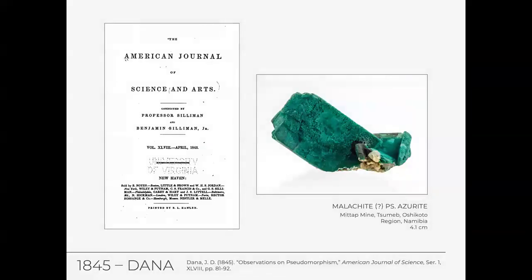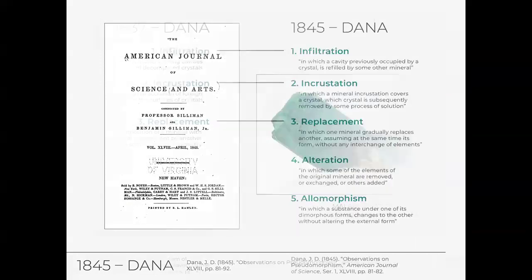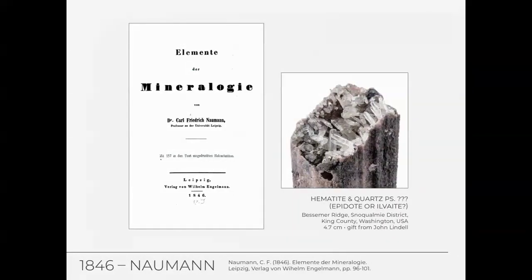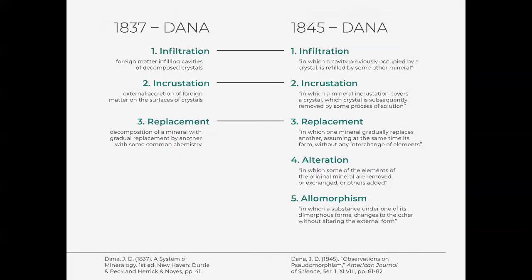Dana returns to the subject 8 years after his first system of mineralogy with a short article called Observations on Pseudomorphs. His first 3 categories are largely the same. Incrustation now requires the removal of the original crystal. Replacement used to have common chemistry, but he's changed that to no interchange of elements. However, he does state that this process is in a certain sense chemical, talking at some length about the type of fluid that could achieve this.